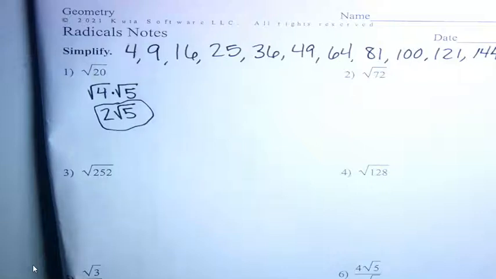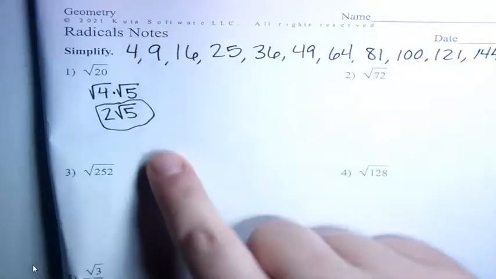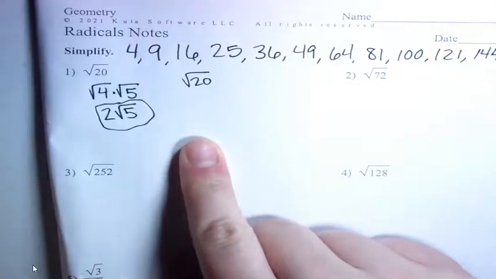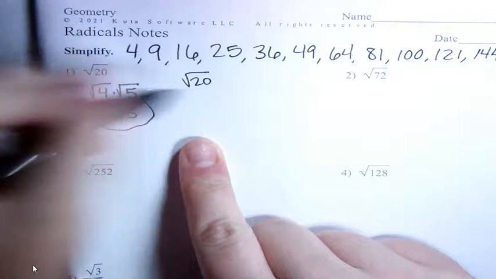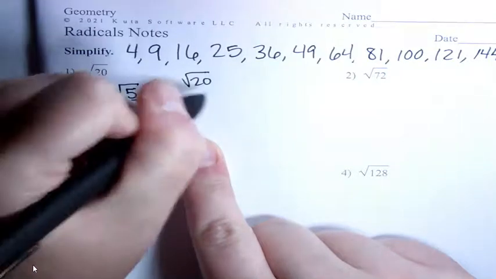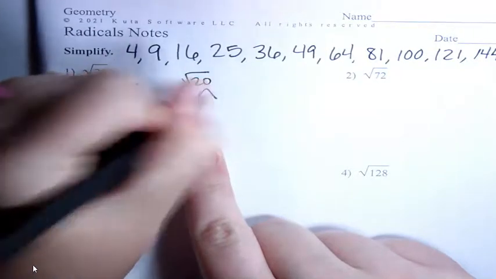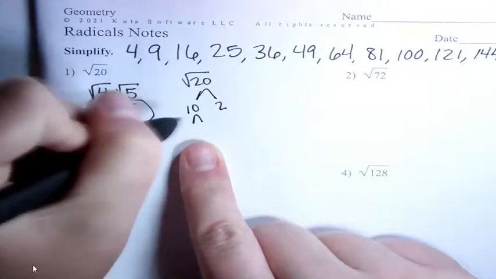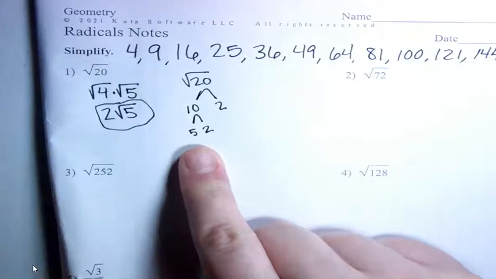You can also use the factor tree method if you like, and I'll go through that one. If you're comfortable with this one, it doesn't necessarily have to be split up into 4 and 5. It can be split up into 10 and 2, and then the 10 can be split into 5 and 2.